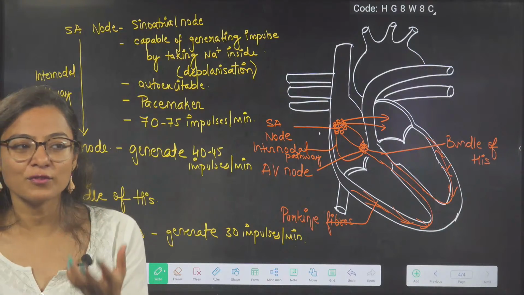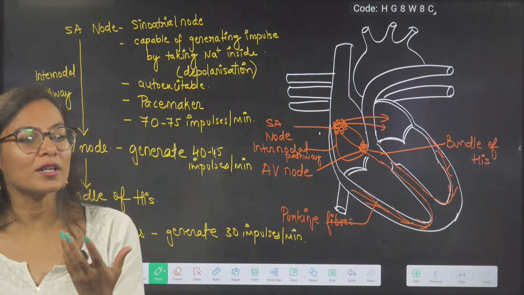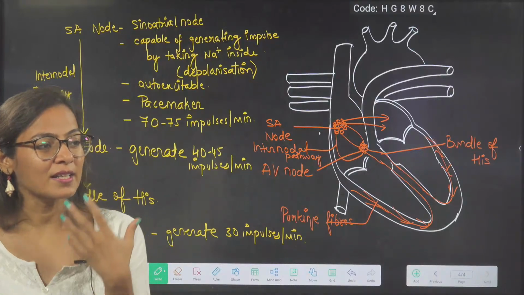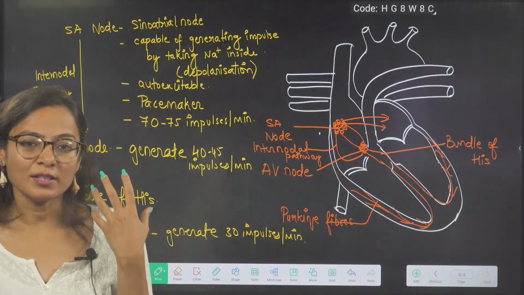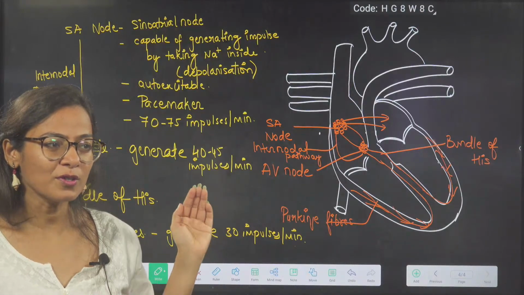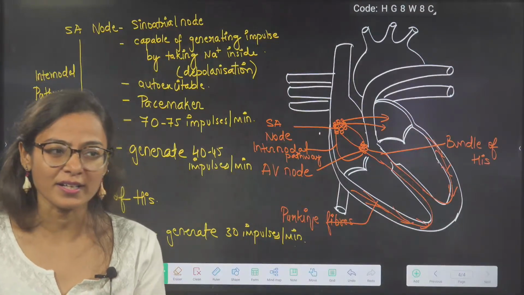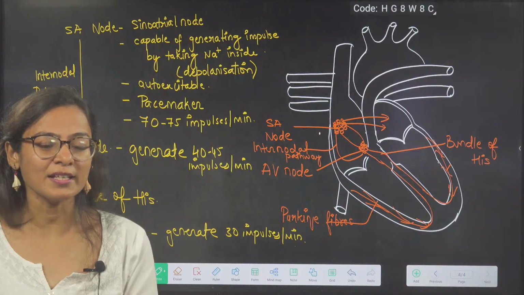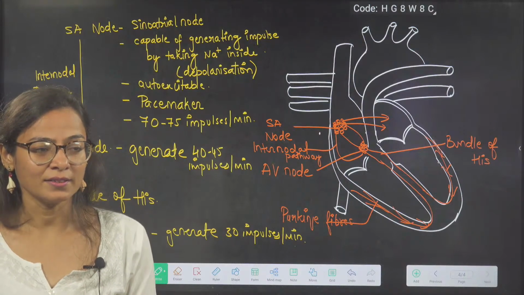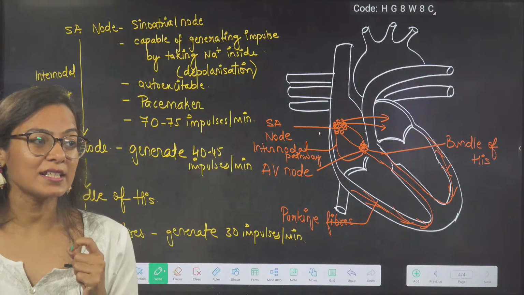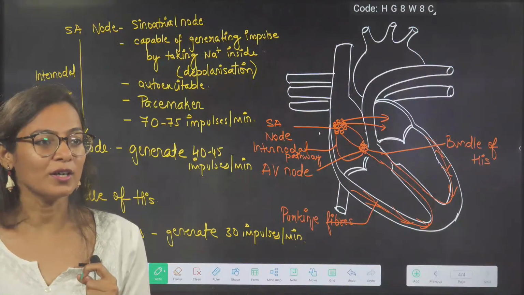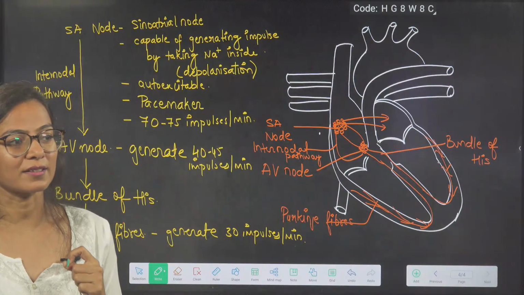The SA node is the one generating more impulses, and that's why the impulses of the SA node will be followed. Whatever impulse the AV node and Purkinje fibers generate will not move ahead. Why? Because it is very less in number, right? Clear?